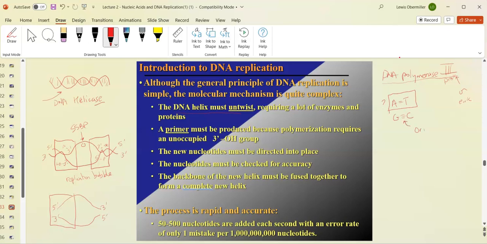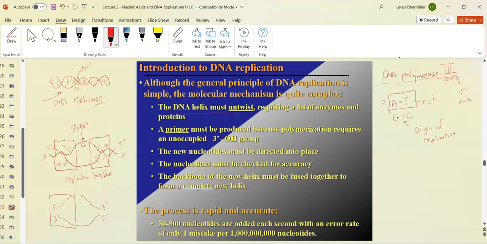So the origin of replication in organisms is generally AT rich, because it's easier to open. Anywhere this helicase is going to open is called the origin of replication, and that origin is going to be heavy in A's and T's, simply because it's easier to break 2 bonds than 3.